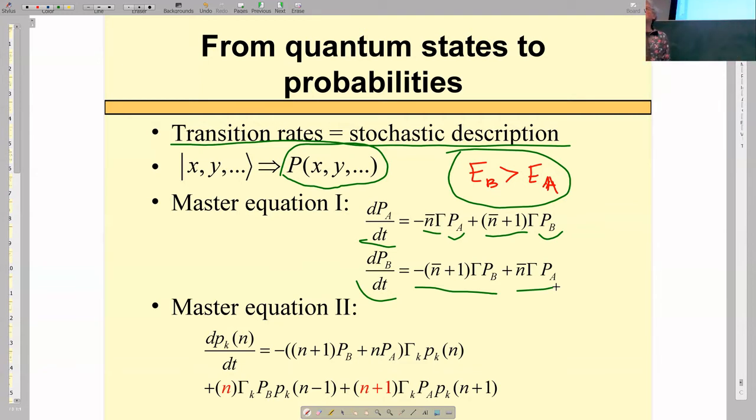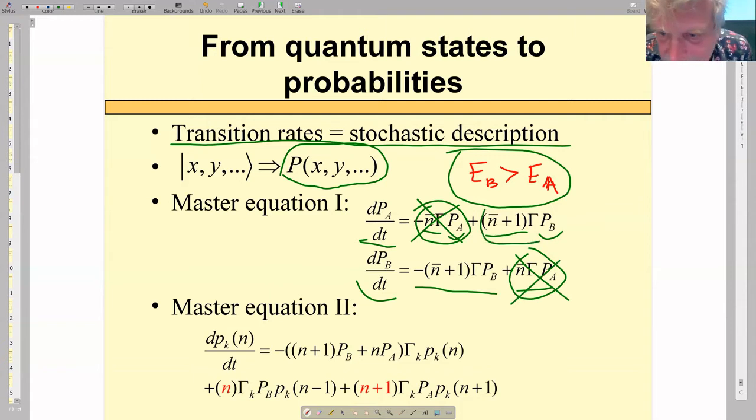The sum of probabilities must be 1, right? The sum of two derivatives must be 0. Good. So these terms have to cancel. That cancels with this. This one cancels with this one. Very good. Fine, that's master equation 1 for matter.